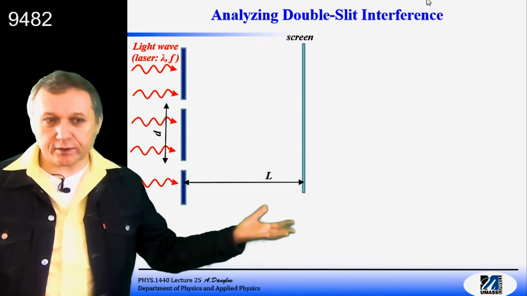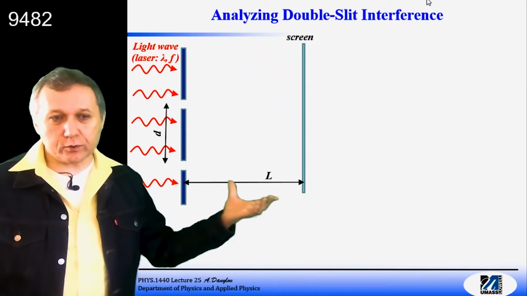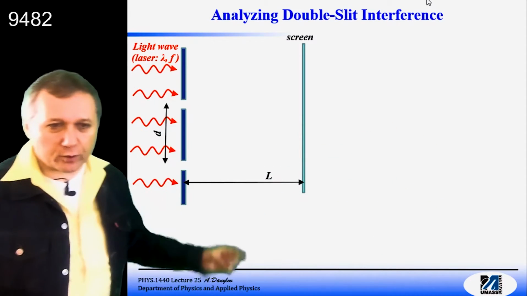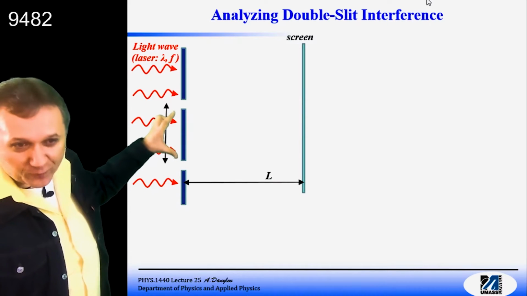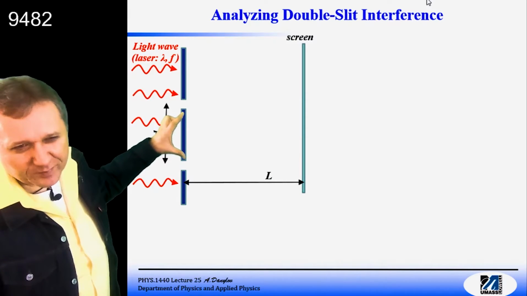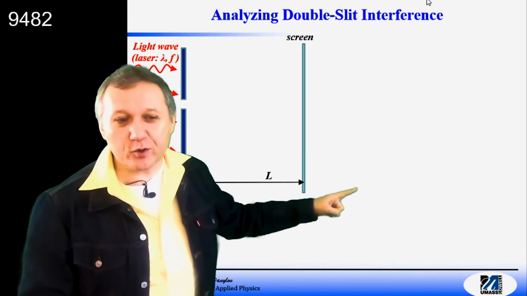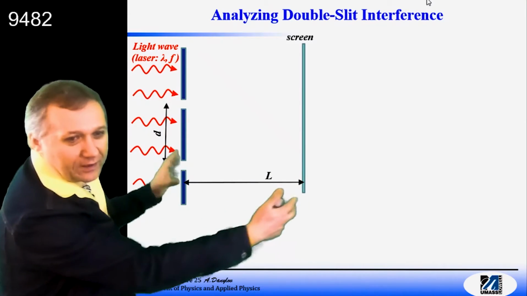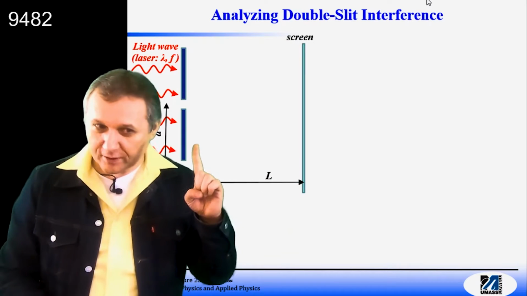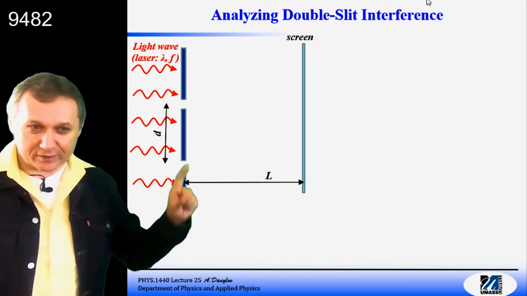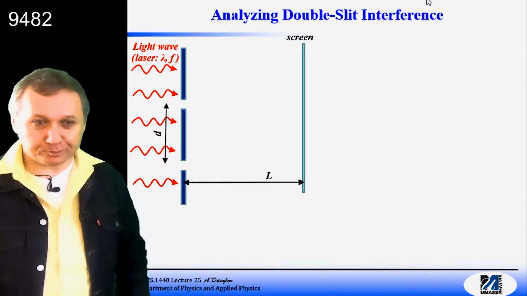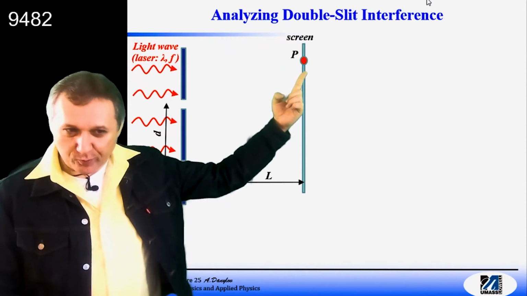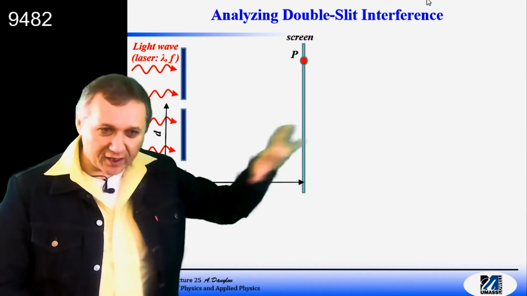In the demonstration in the lecture hall, I set L to 2.5 meters. So this distance is 0.4 millimeters, basically half a millimeter, and this distance, 2.5 meters. So the difference between L and d is gigantic. It's actually a very important point. I will emphasize it in a few minutes. Okay, so now let's take a completely arbitrary point on the screen, P, completely arbitrary.